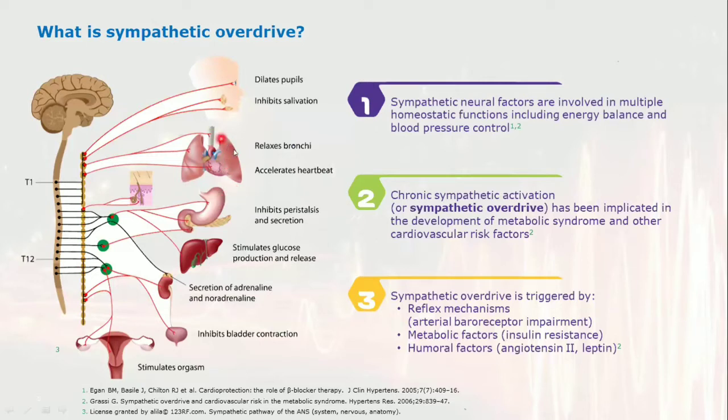Then the beta-2 receptors, which are located in the lungs, are stimulated, and this results in bronchodilation, which increases the flow of air into the lungs, and that increases the oxygenation of the blood that is being circulated there. So that is the effect that we have.